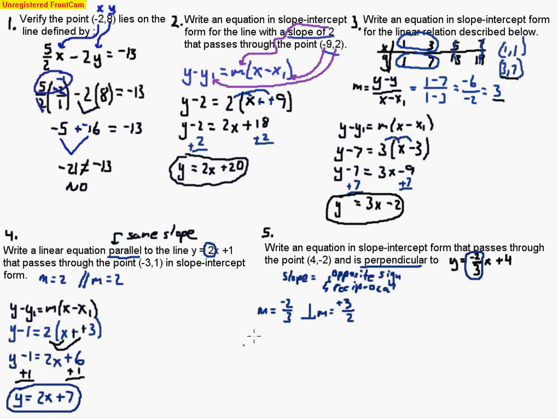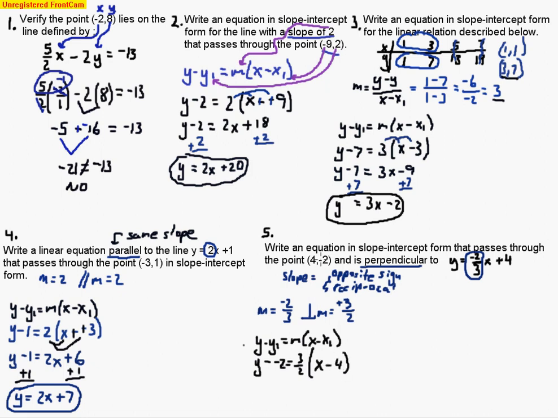So we've got our slope. We've got our point. Let's plug it into that point-slope formula. Remember, it goes y minus y1 equals m times x minus x1. So we do that substitution. We've got y minus negative 2 equals the slope, which is 3/2, multiplied by x minus, and then the x value, which is 4.